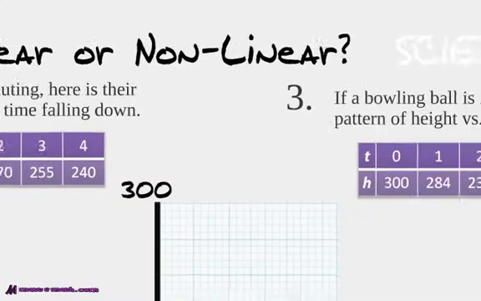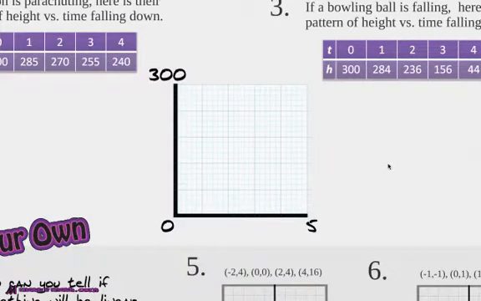Let's graph this. All right, at 0 they're at 300, so we'll put a dot at 300. At 1 they're at 285, right about there. At 2 they're at 270. At 3 255.